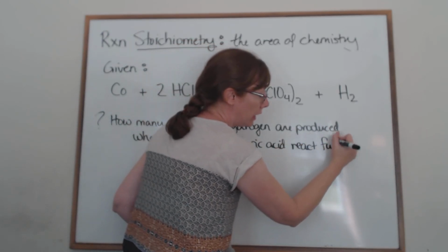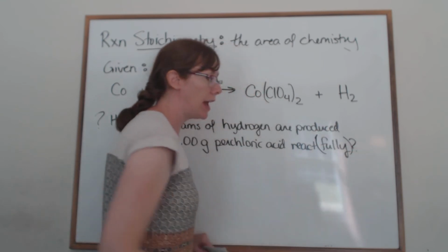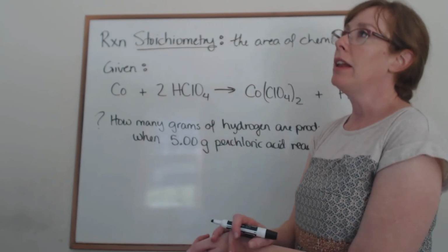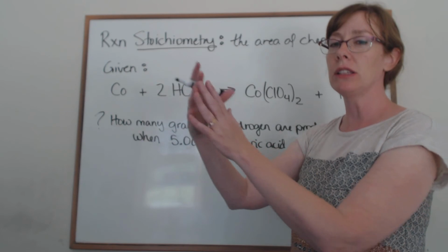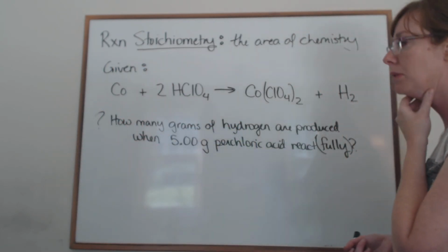Now, react fully. We're going to talk about limiting reactant and all that a little bit later, but it's implied that you get a full reaction, that it had enough time, that you had plenty of the other reactant, so that every little bit actually went through this reaction.